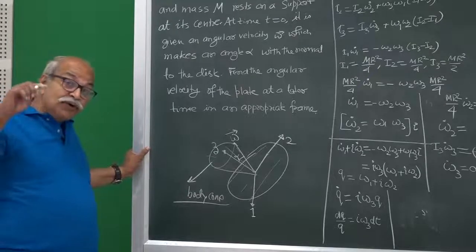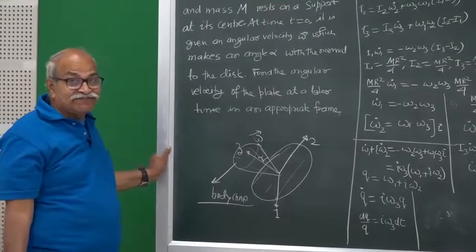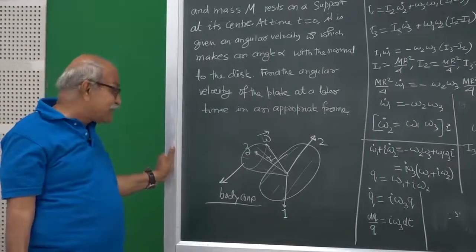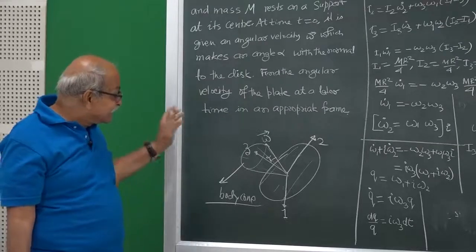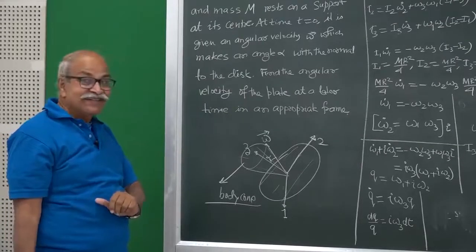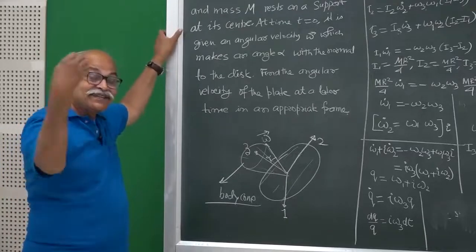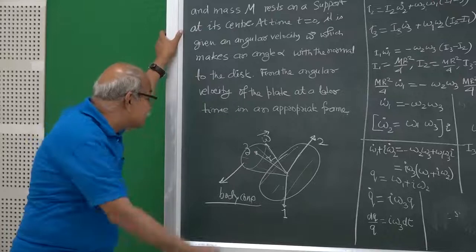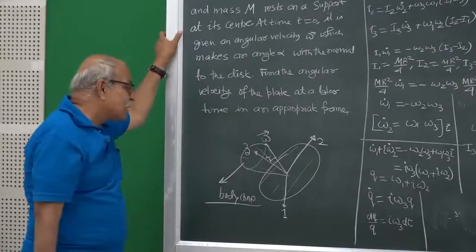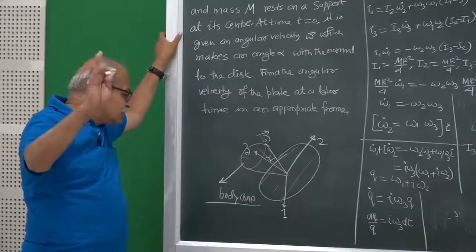But if you go to the lab frame, there you see what happens. Even this 3 axis is not fixed, it is going in a rotating fashion, and how to get that? I will just give you some hints.